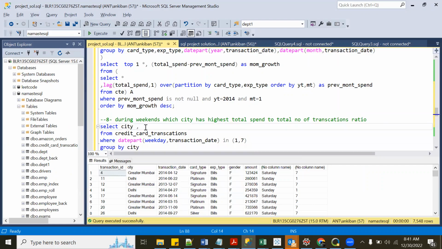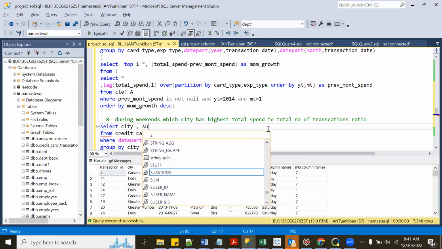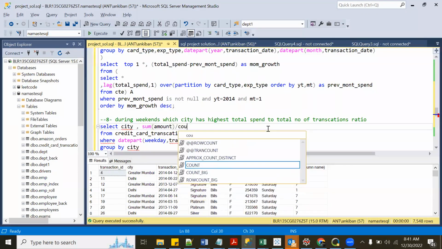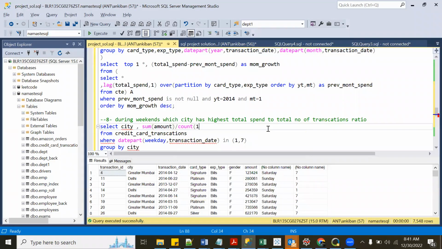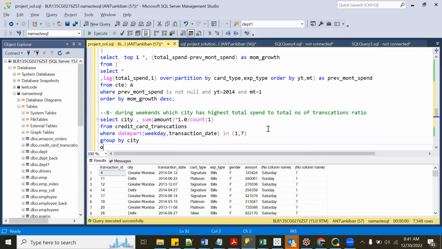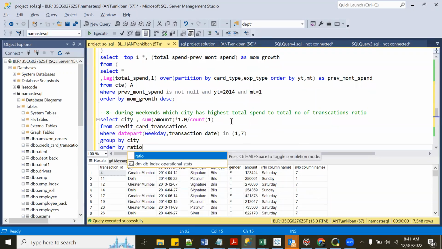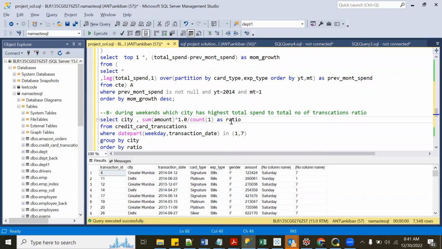I will say total spend, so sum of amount divided by count of amount, or of one or anything. And I need to divide by 1.0. Let me do order by ratio as ratio. I need the highest one, right?